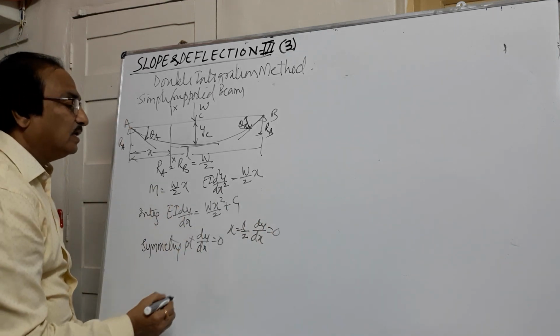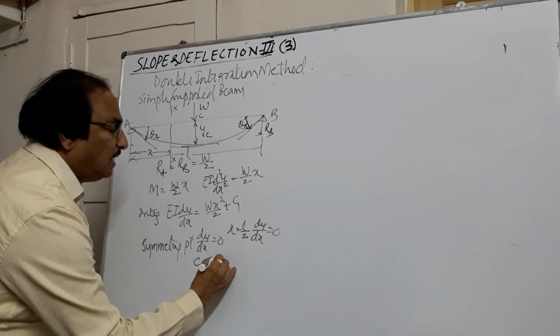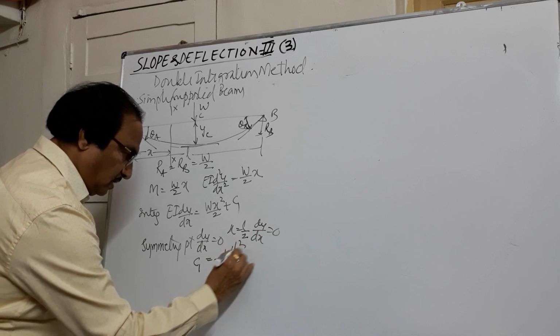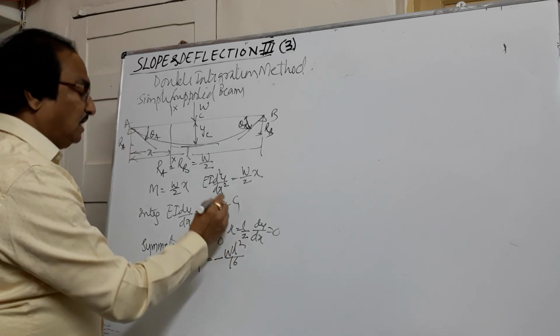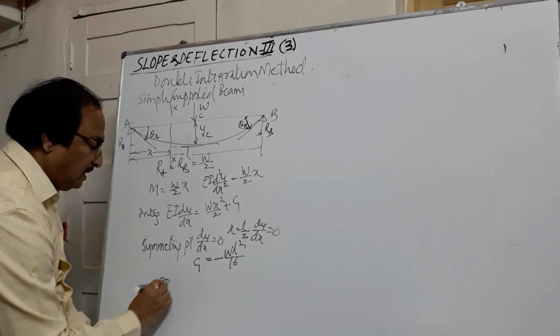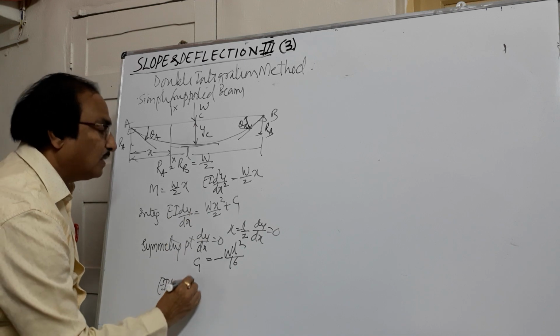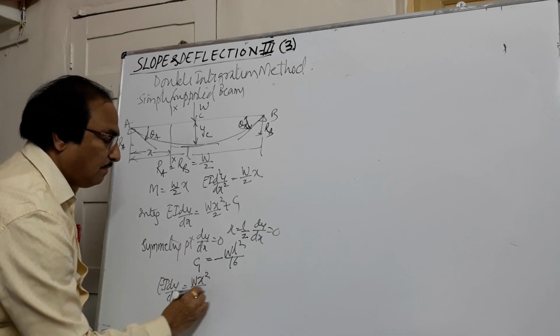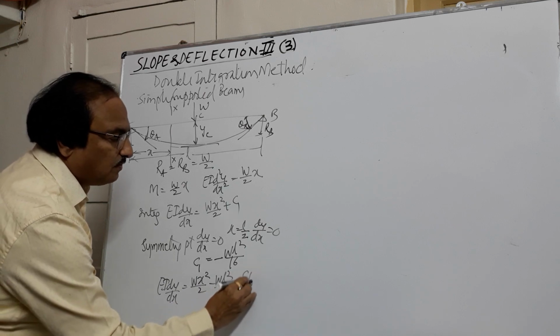Substituting that value here, you get C1 equal to minus WL squared by 16. If I substitute that here, EI dy by dx is equal to Wx squared by 2 minus WL squared by 16. This is the slope equation.